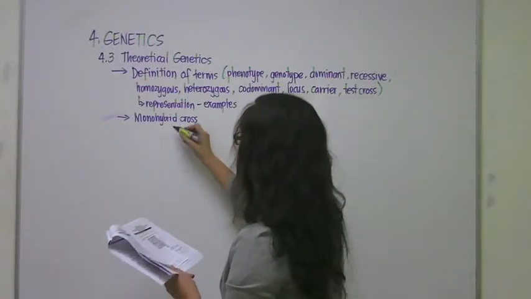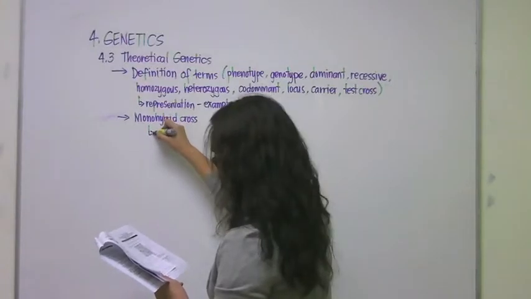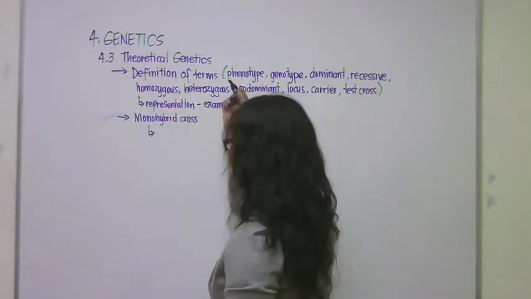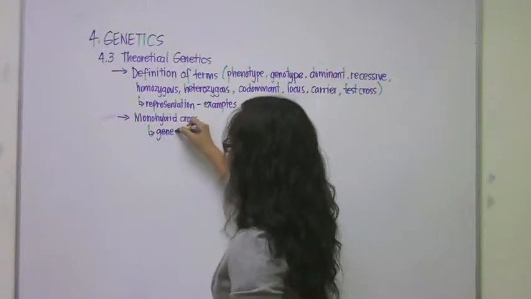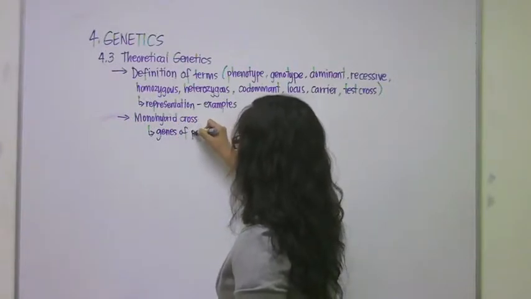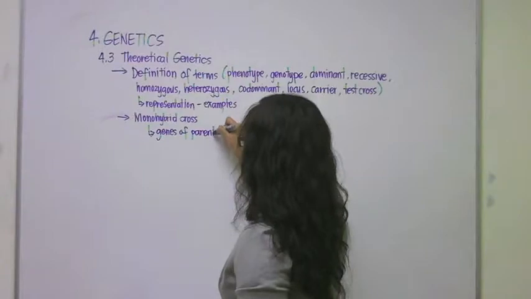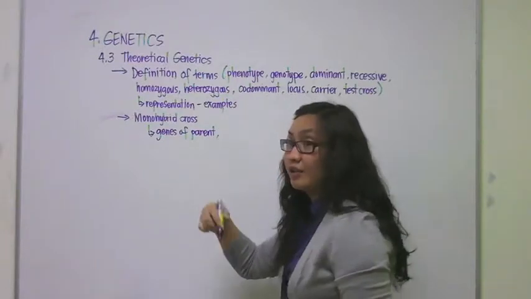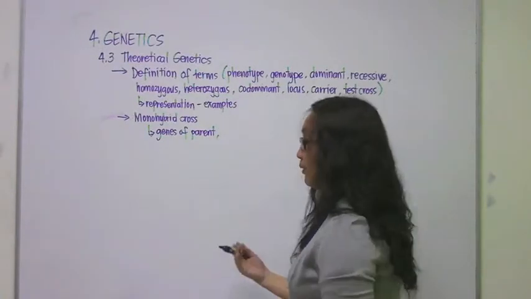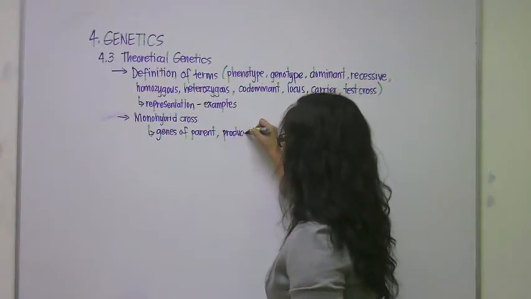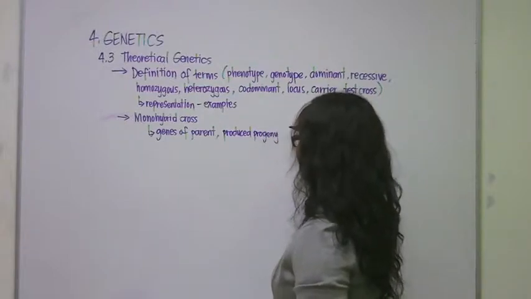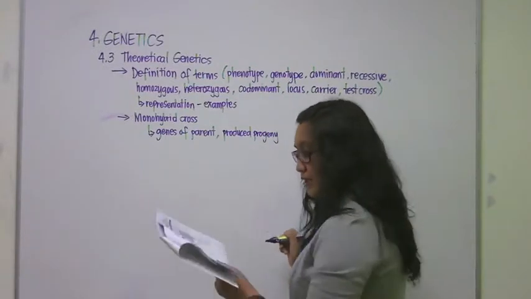Of course, in the case of monohybrid cross, we need to show the genes of parents. We have to show the results or the offsprings or the number of progeny that is being produced in one cross. Progeny is also referring to offsprings.